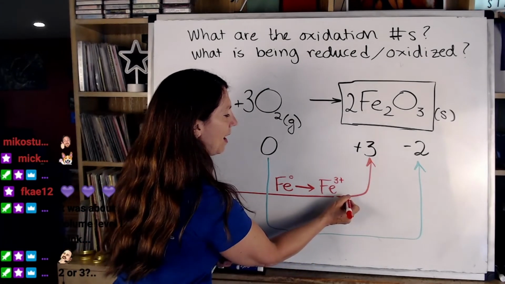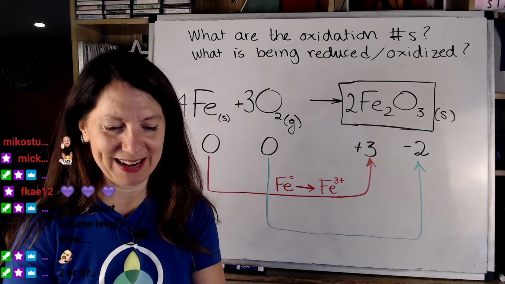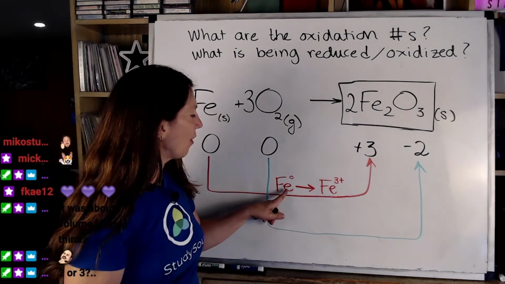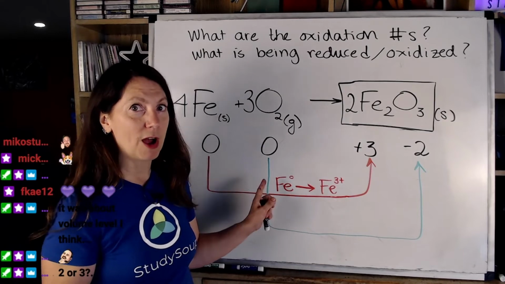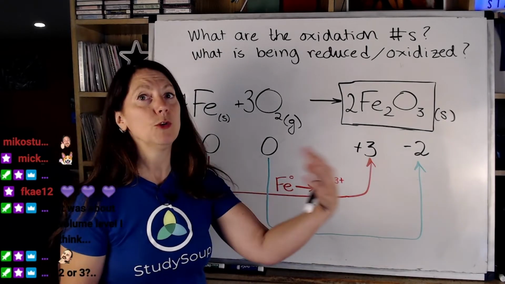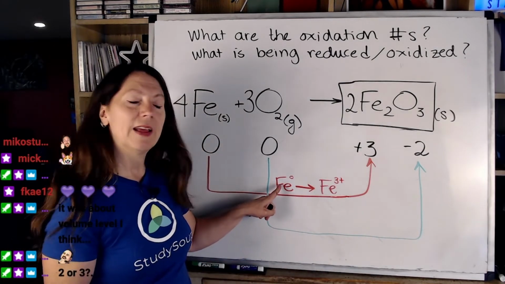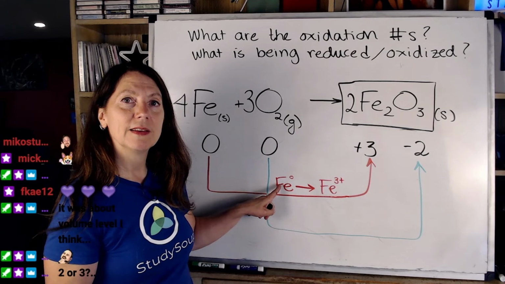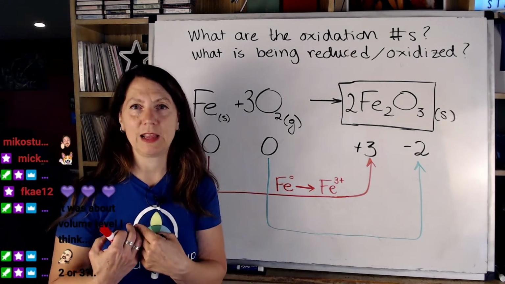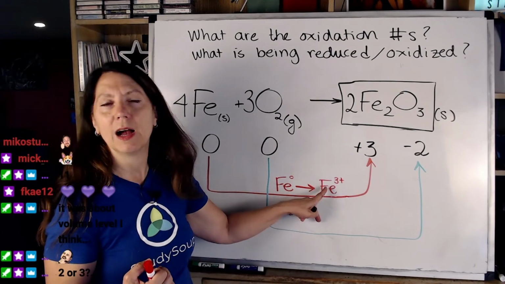So you have a choice here. I'm going to let you try this out. Think about this. For iron to go from 0 to +3, did it lose 3 electrons? Or did this neutral iron metal gain 3 electrons and then become iron +3?